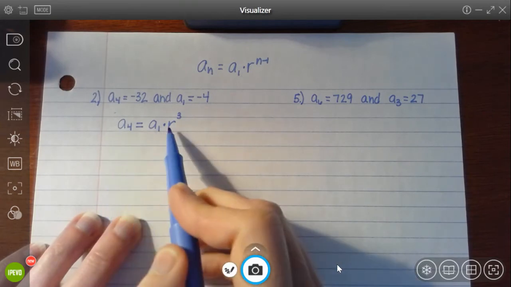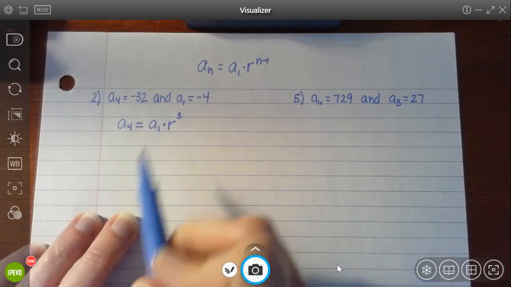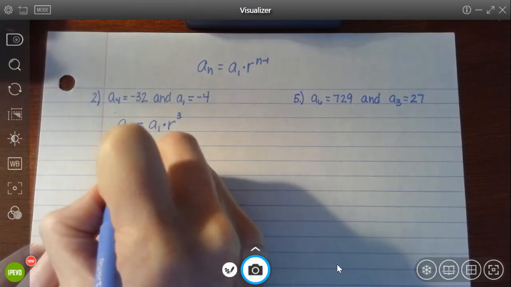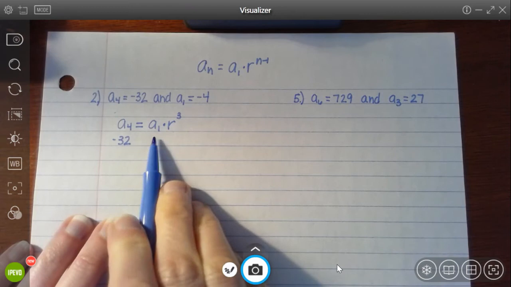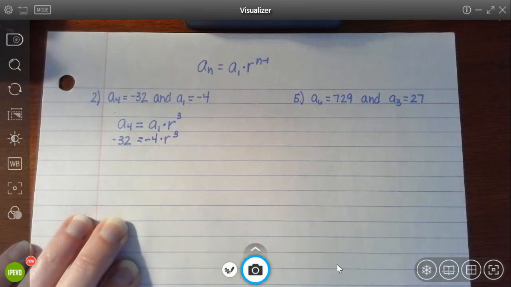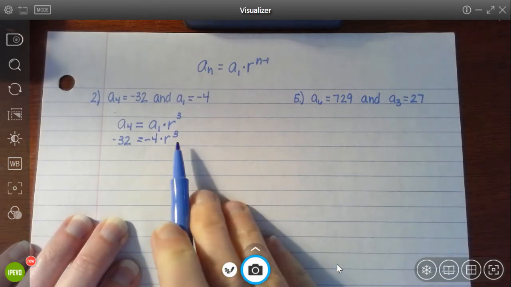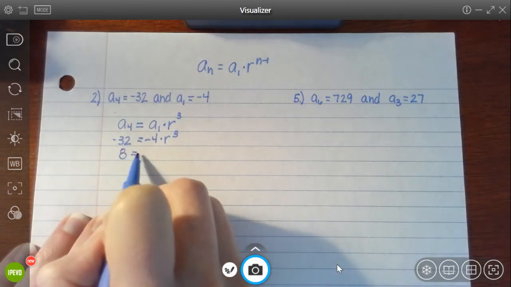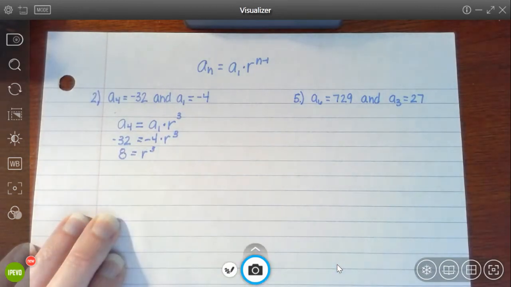Now that I have this rule relating them, I can go ahead and drop the values that I have in here. So a sub 4 is negative 32. A sub 1 is negative 4, and we're going to use this now to help us solve for r. What I want to do is isolate that r by itself, so I'm going to divide both sides by negative 4, and that's going to give me 8 is equal to r cubed.